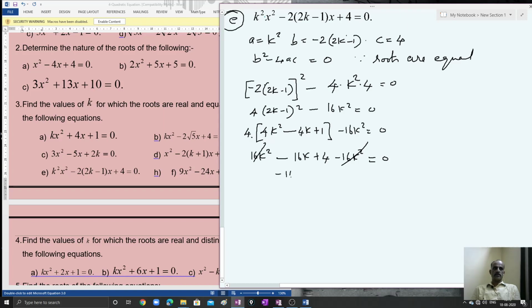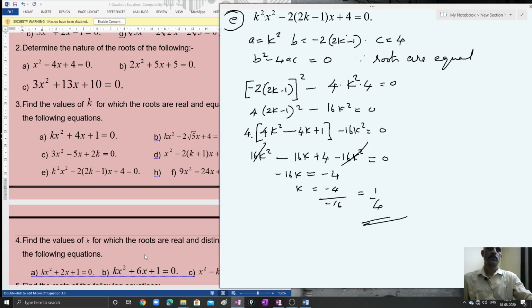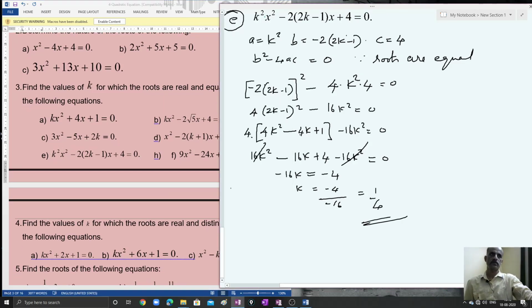That means minus 16k is equal to minus 4, or k is equal to minus 4 by minus 16, that is equal to 1 by 4. So that is how we do these questions. That is the condition applied in that.